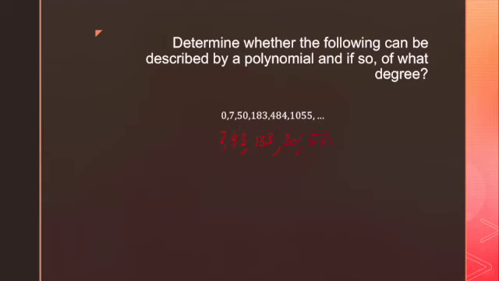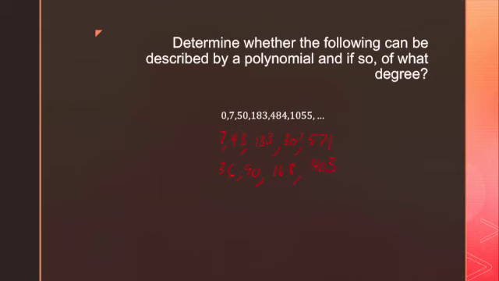So let's try this again. 43 minus 7 is 36. 133 minus 43 is 90. 301 minus 133 is 168. And 571 minus 301 is 270.